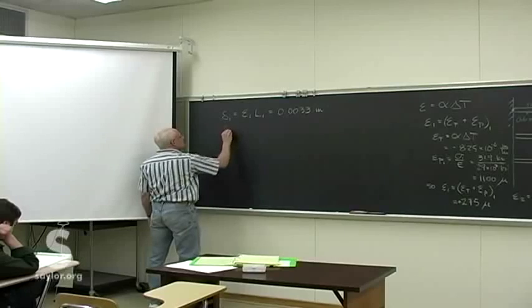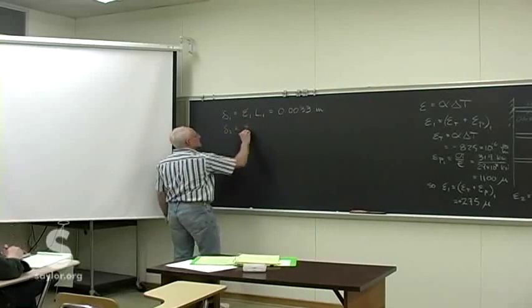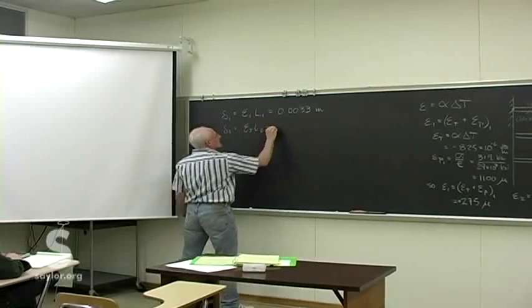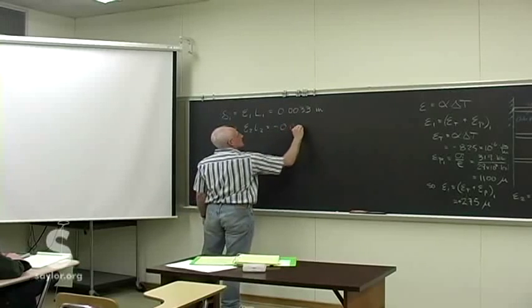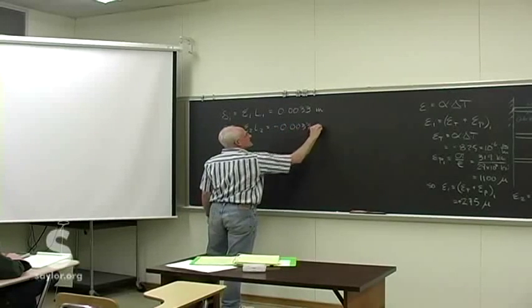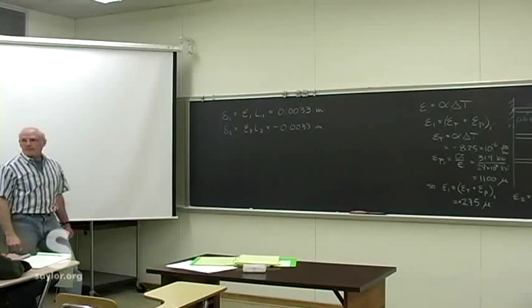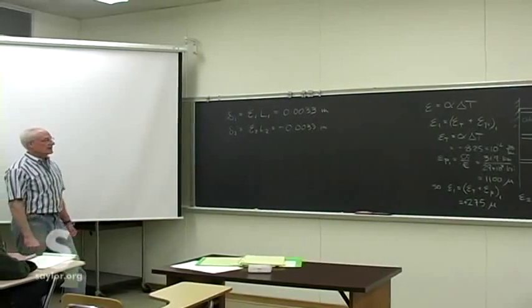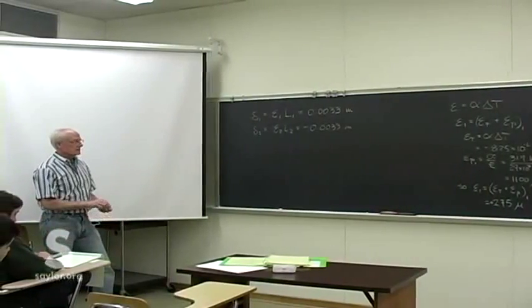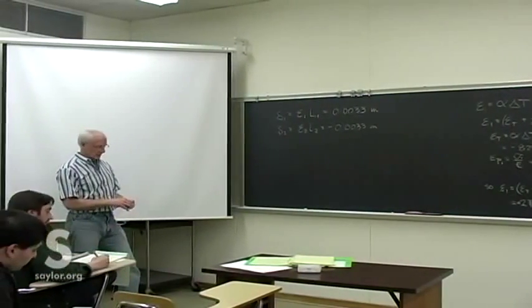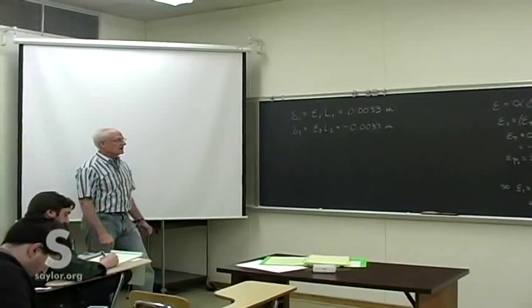And for piece 2, it turns out, as it should, that it's the opposite of that, because the total change in length was 0. Remember, it was stuck between two immovable supports at either end.